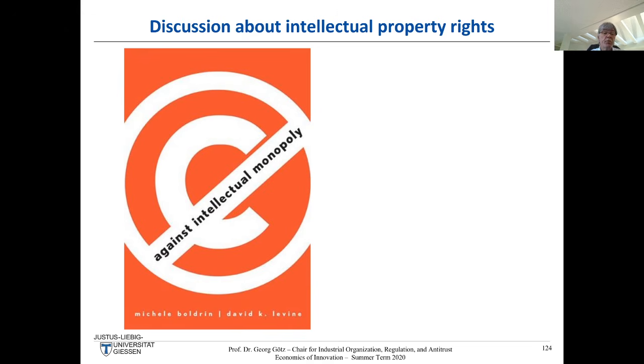There's a famous paper by Michele Boldrin and David Levine, Against Intellectual Monopoly. So they are outright opponents to intellectual monopoly and to patents. And they are consistent in a sense, because they don't want to have copyright either. Even though you can buy this book, you can also download it. And I gave you the link to the book in the notes.